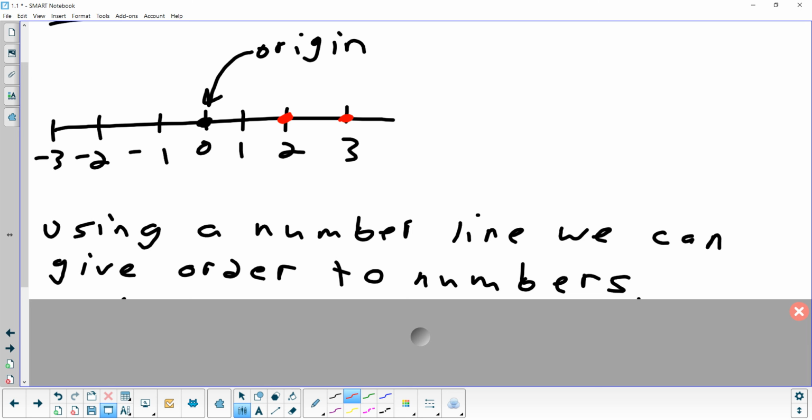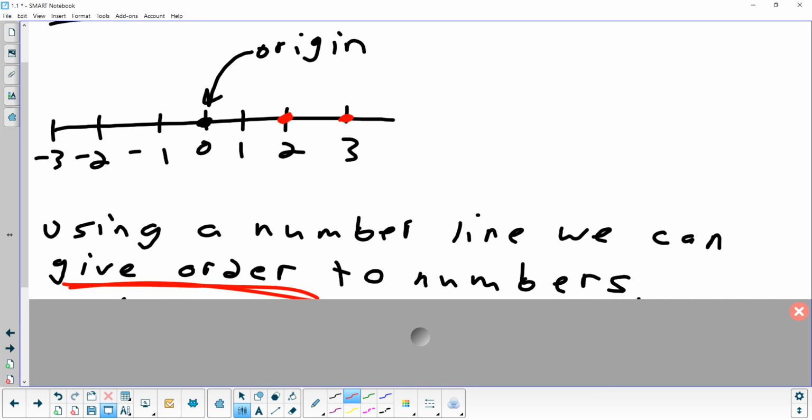Because the number 2 is to the left of the number 3, that means something when you compare the number 2 to the number 3. What does that mean if a number is to the left of a number on a number line? Yeah? That it's less than the number to the right. Yeah, it's less, right? Numbers to the left of a spot are smaller. Numbers to the right of a spot are larger.